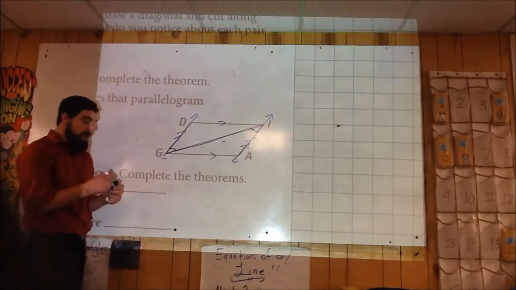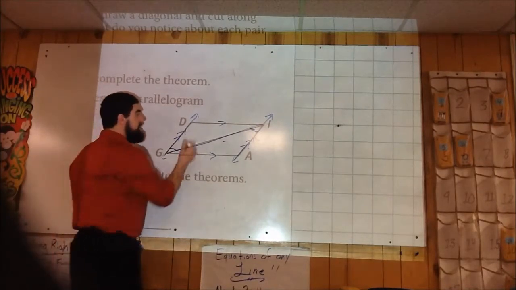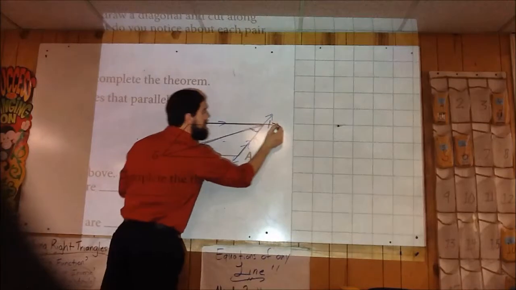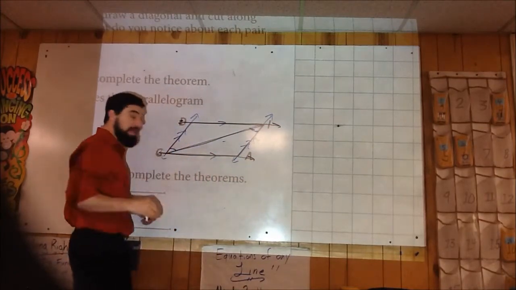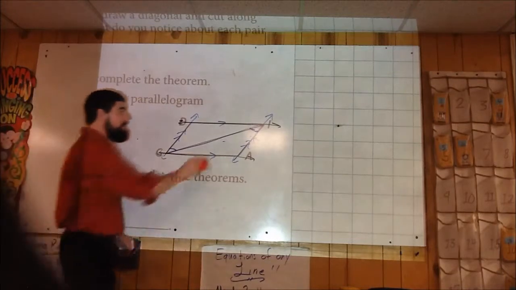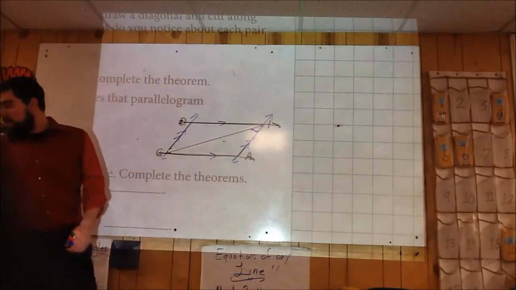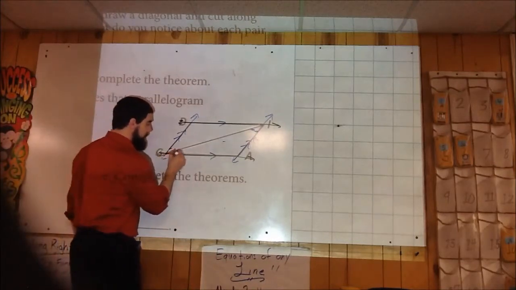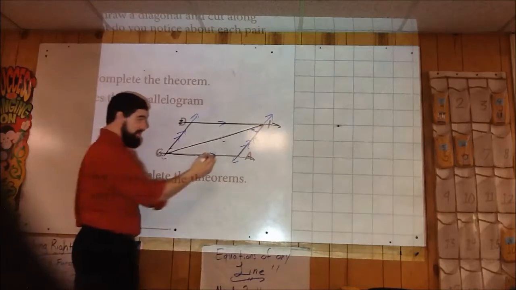Good. Now, if I look at the top and the bottom lines that are segments, the sides that are parallel, so I'm going to look at this line, and I look at this line, and we're still considering the same diagonal. So this guy right here, I have a different set of alternate interior angles.